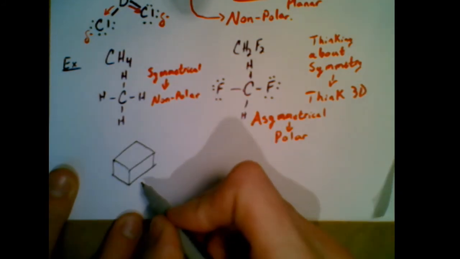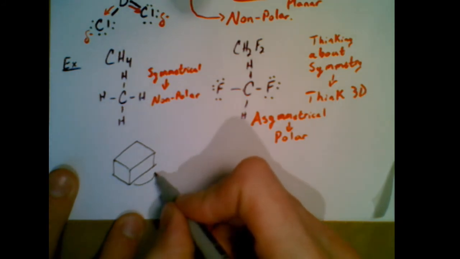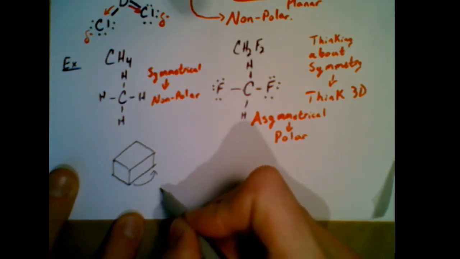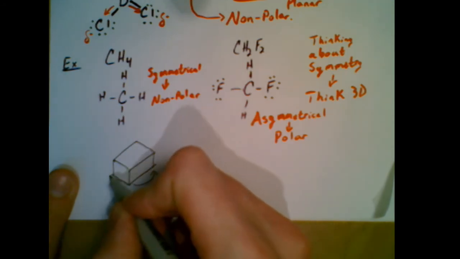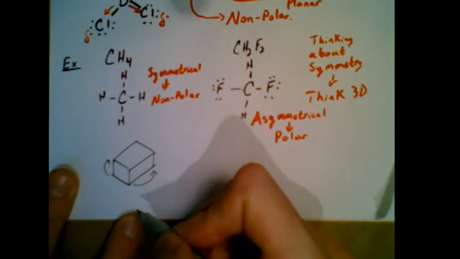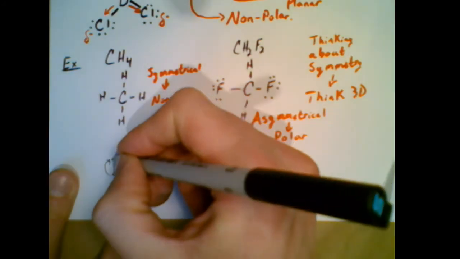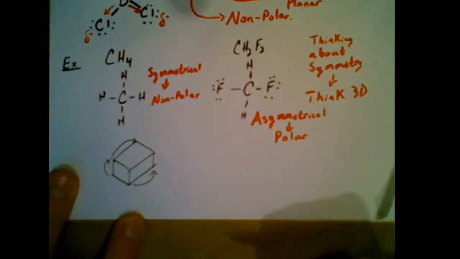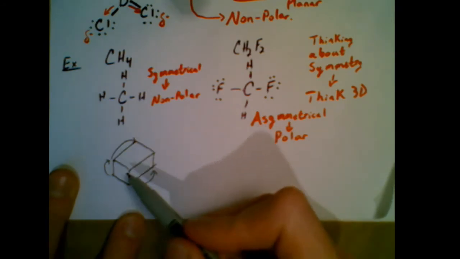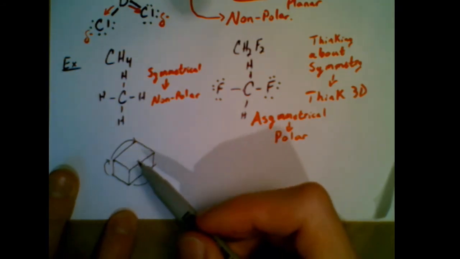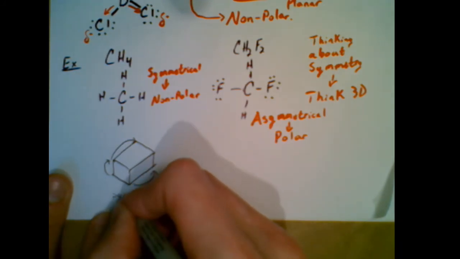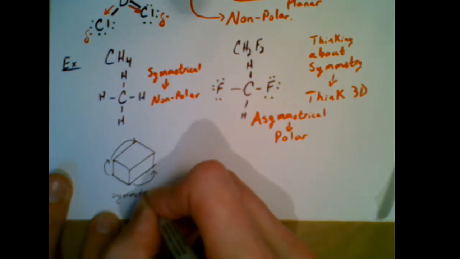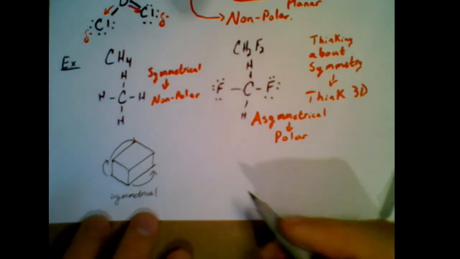Well, it is pretty symmetrical, because you could rotate this end over there. You could actually flip this mattress, and then once you flipped it, you could rotate it again. It's pretty symmetrical in most directions. So this mattress is considered to be symmetrical.